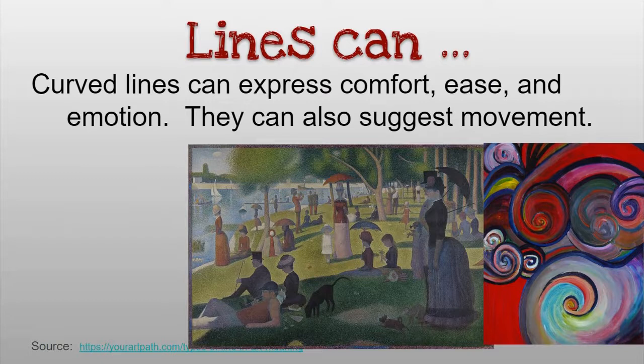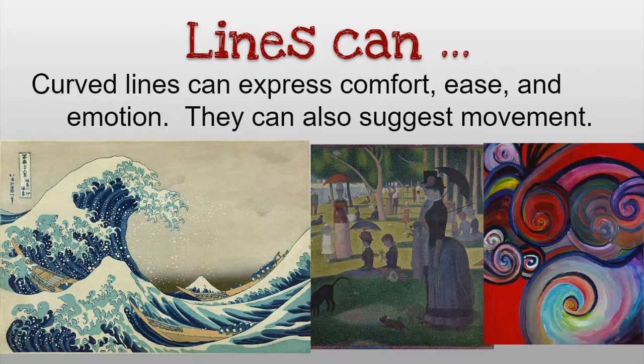Look at all the curves on the umbrellas and the curves of the people and even the curve of the gentle slope of the hill. On this picture, the wave, you can see the curves suggesting movement. You can almost predict exactly where that wave would fall if this were a cartoon and not a painting.